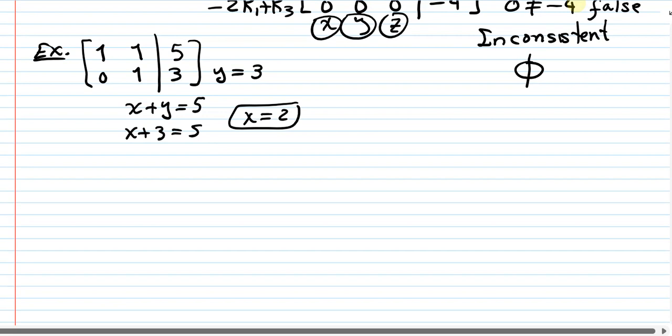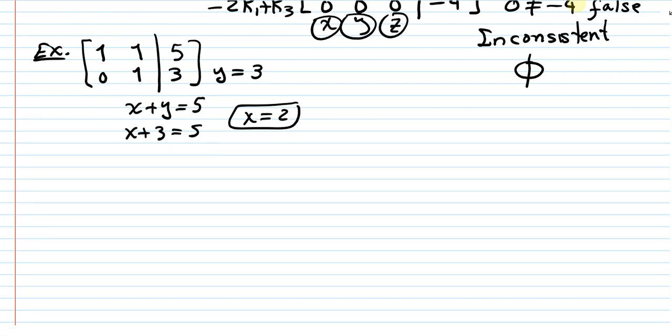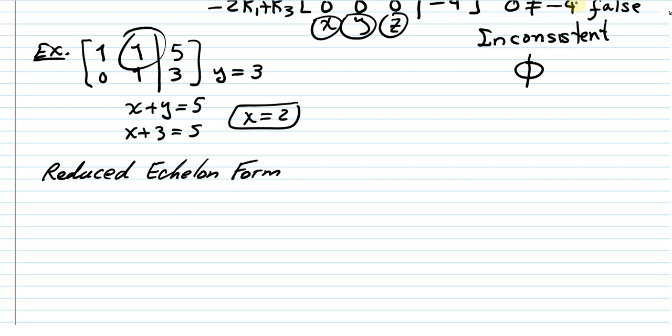There you have that one. And if I just want to create, this is in echelon form, let's make it the reduced echelon form. If I want to write it in reduced echelon form, then I just need to create a 0 above that, right? Well, I'm going to do negative R2 added to R1 and replace R1.